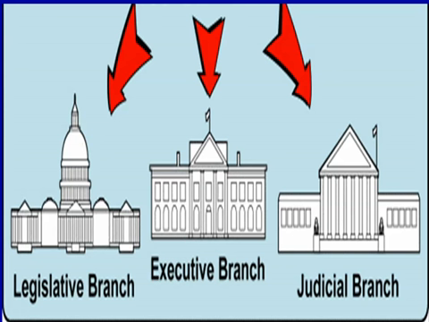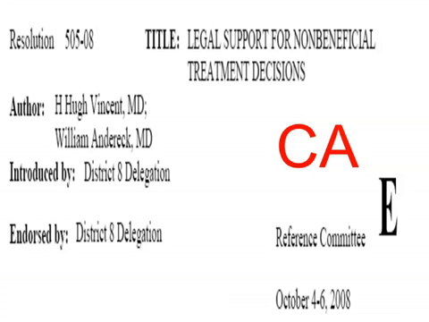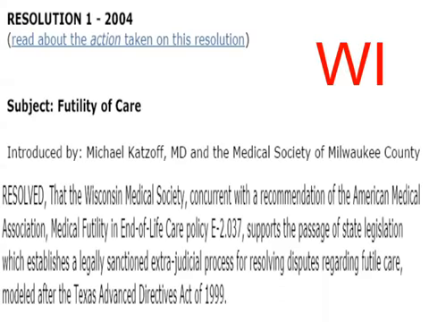And there's been efforts in all three branches of government to copy the Texas Act in other states. And so at the legislative level, medical society resolutions have asked for it repeatedly here in California, in Washington, in Wisconsin.